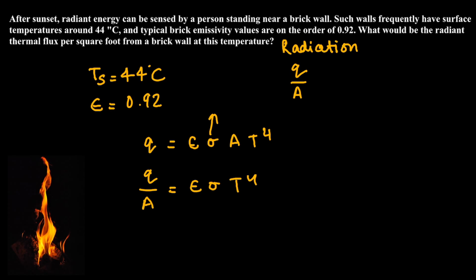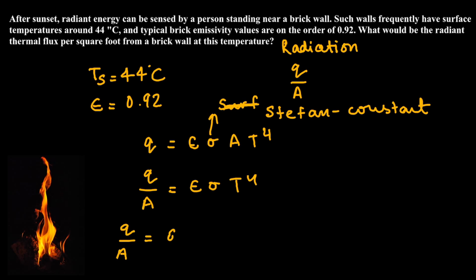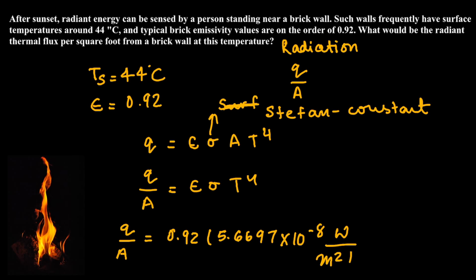Don't confuse the sigma with surface tension, which would come later, but this is the Stefan constant. Cool. So I get Q over A equals 0.92 times 5.667 times 10 to the negative 8 watts per meter squared K to the fourth.